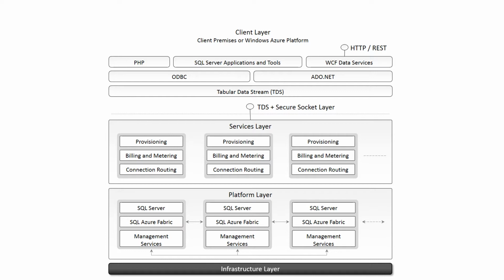And the service layer is connected to the platform layer, which consists of SQL Server, SQL Azure Fabric, and the management services. So that's the infrastructure layer of Windows Azure platform.